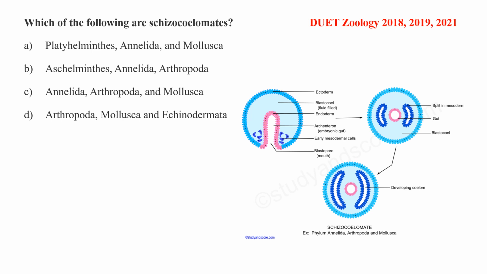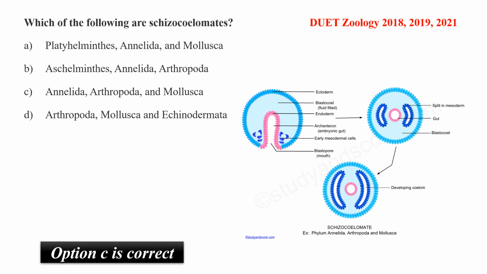Remember, there are three groups which are the classical example of schizocoelomates, which we can remember as a mnemonic, AAM: Annelida, Arthropoda, and Mollusca. So option C is the correct answer in this case.